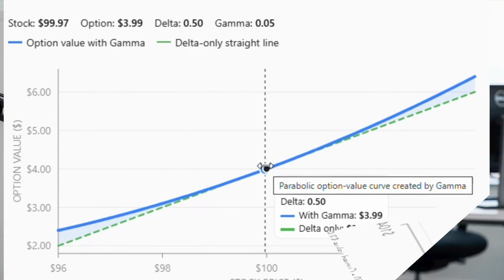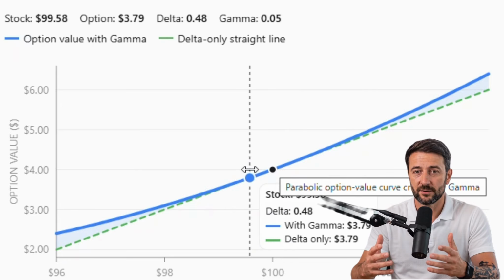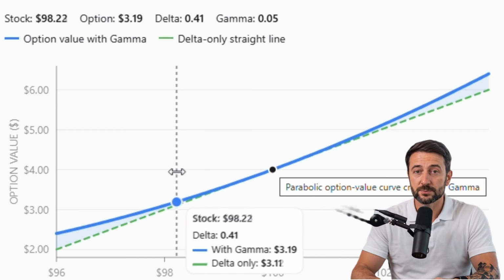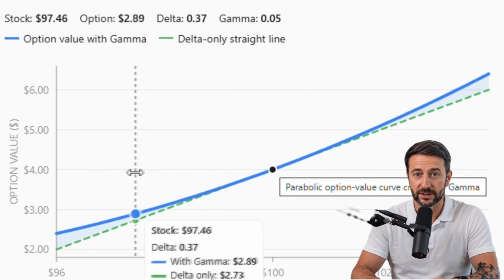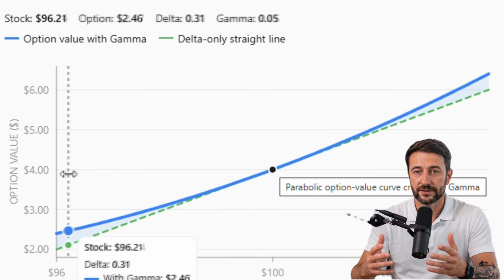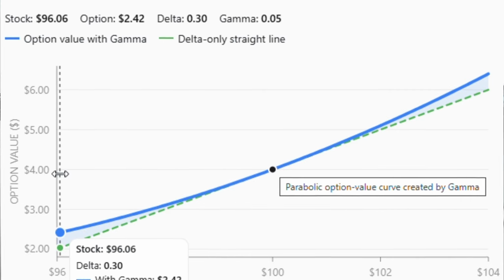If the stock falls from $100 to $99, the opposite happens. Gamma is subtracted, and the delta may fall from 0.50 to approximately 0.45. So gamma explains why an option's price does not move in a perfectly straight line. Its sensitivity changes as the stock moves. For one options contract, this is even easier to visualize.